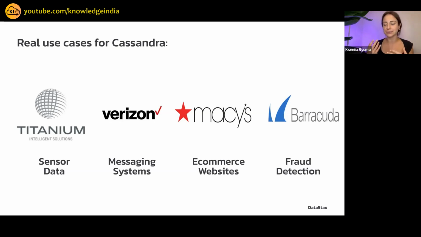And here are those examples: sensor data, messaging systems, e-commerce websites, fraud detection. The nature of these business lines is that they deal with a huge amount of data in real time that needs to be processed to bring value to the users. Imagine you log into the Macy's website or application and you just keep waiting for the shopping list to be updated.